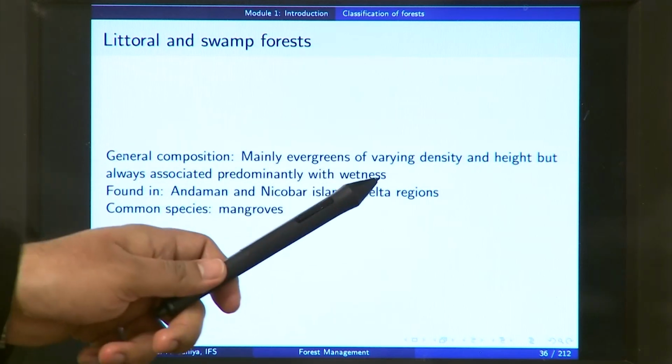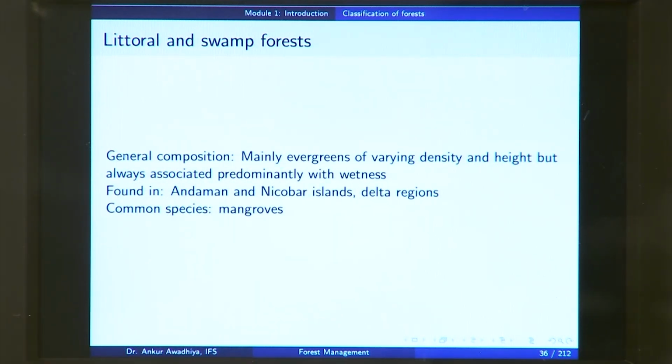They are also found in delta regions, because they have a lot of swamps which are wet areas. And a very common species here is the mangroves. So, mangroves are those species that are adapted to a life in a very wet region.